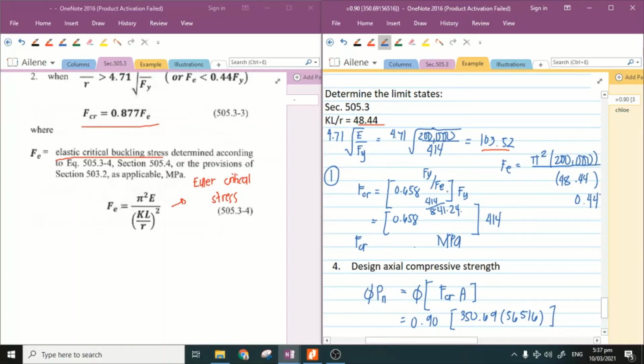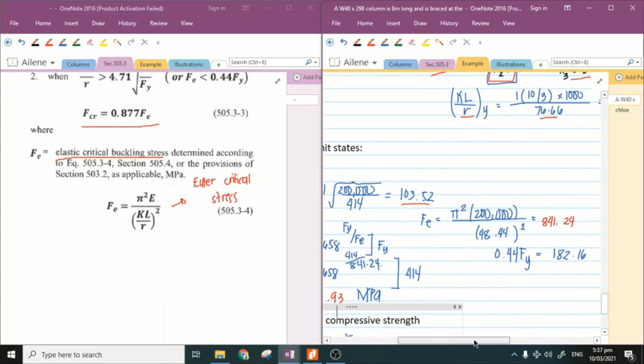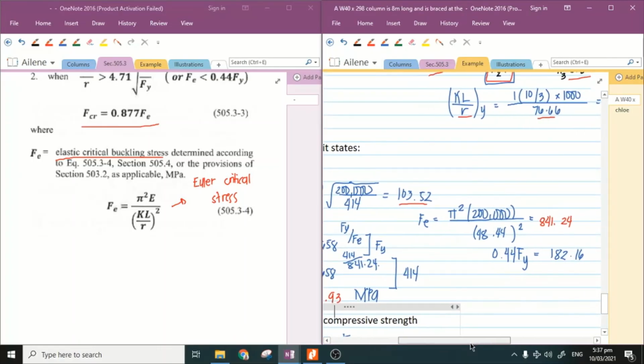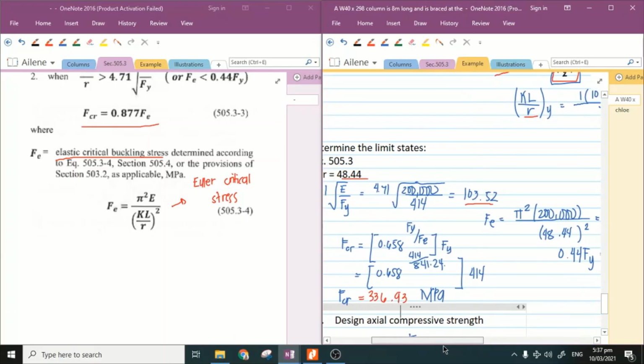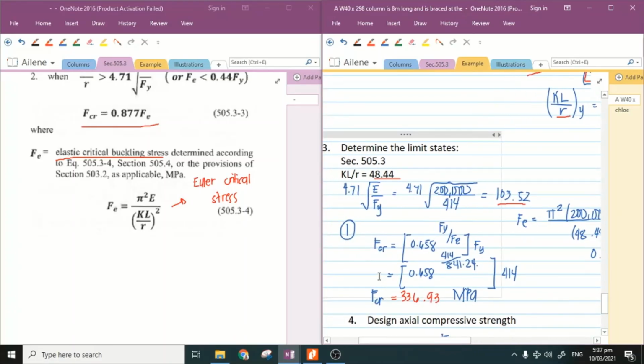So, pag in-evaluate natin to, 0.658 raised to 414 divided by 841.24 multiplied by 414. That is 336.93 megapascal.